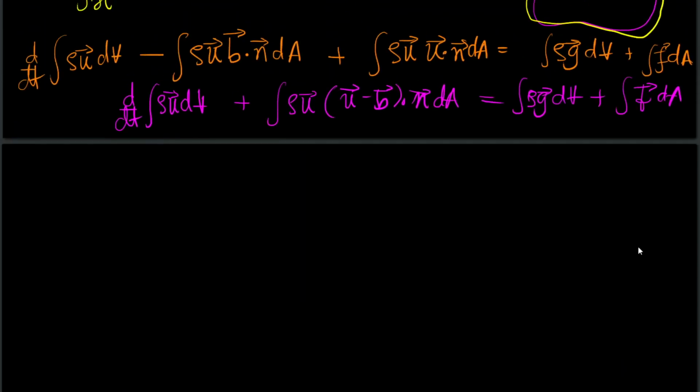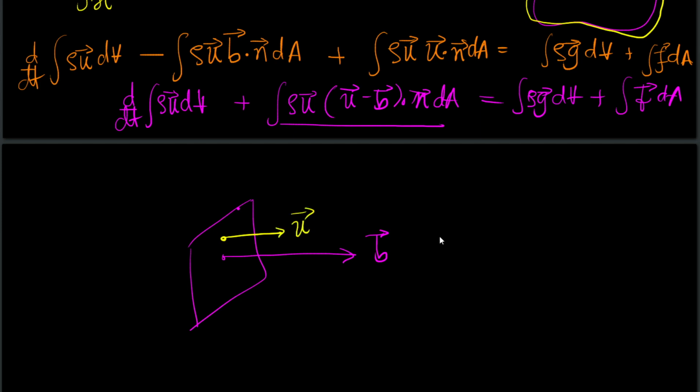The physical meaning of this particular term is clear. So if I have a surface which is moving with a velocity b, and if the fluid moves with a velocity u, then the relative flux of this fluid coming out will be (u minus b) dot n dA.